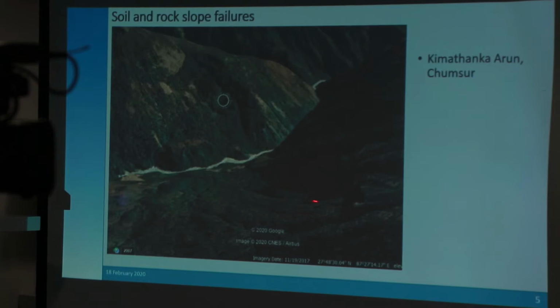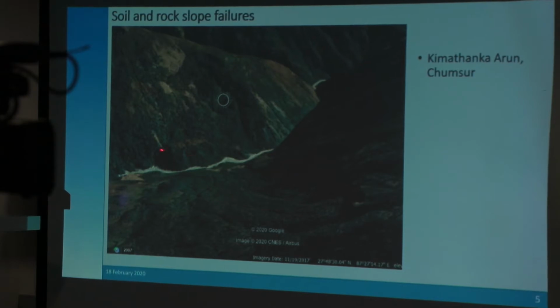This is a failure that this generation of people felt. It was 70 years back, and all the mass started to move from this point, around 3200 meter elevation, and went all the way down to the Arun River at 1800 meter elevation, and made a big uneven heap of material at the left bank.